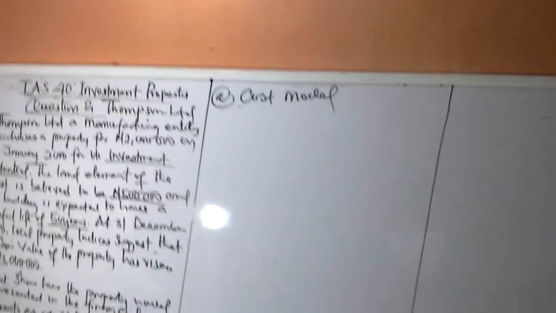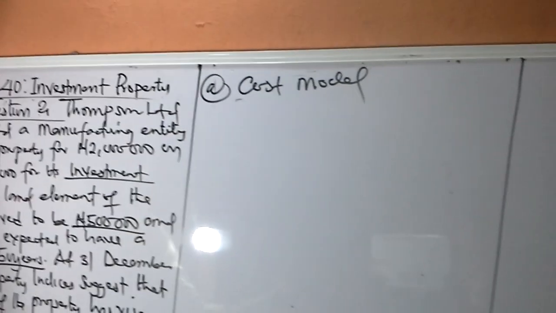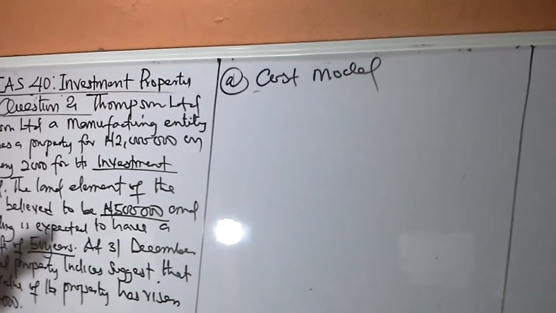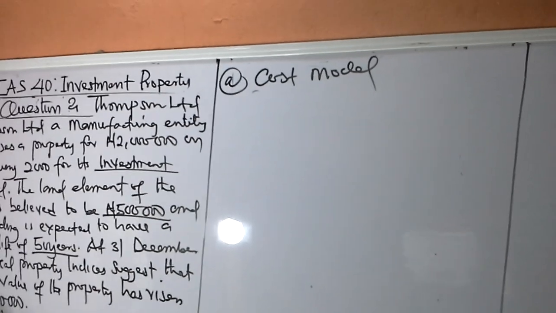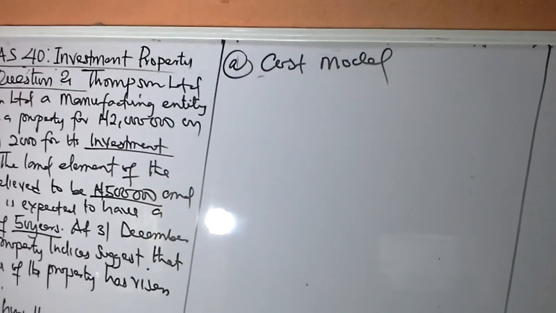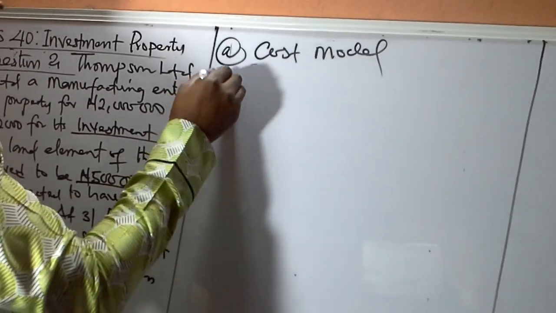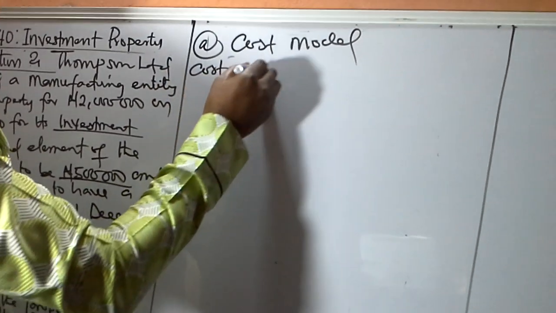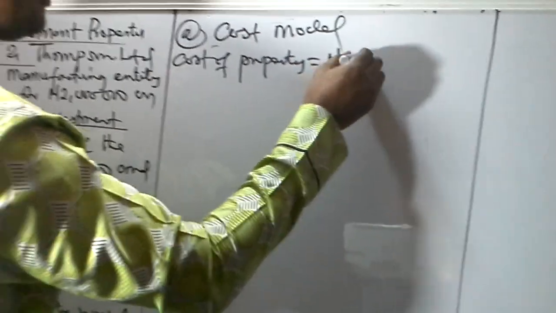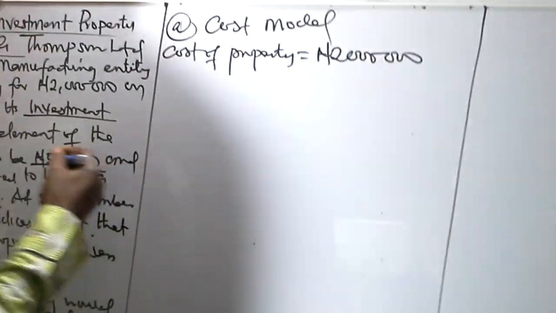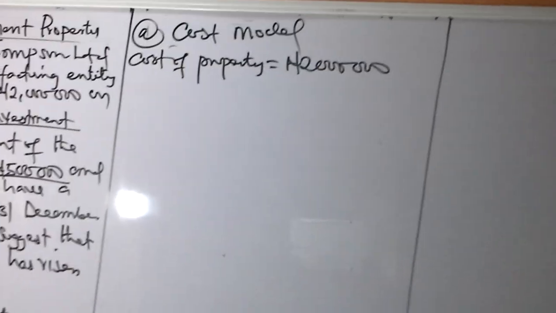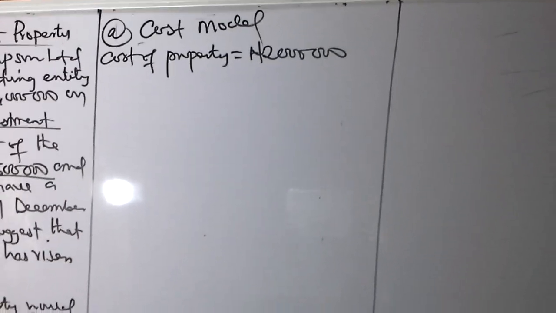Come here. So I told you that under the cost model, you are going to depreciate, right? So the cost of the property is 2 million, and from this cost, 500,000 is for land.